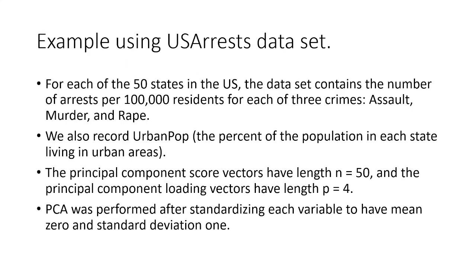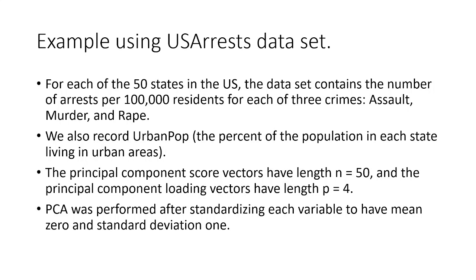Now let's use an example of the US arrests data set, which is available in R. For each of the 50 states in the United States, the data set contains the number of arrests per 100,000 residents for each of three crimes: assault, murder, and rape.